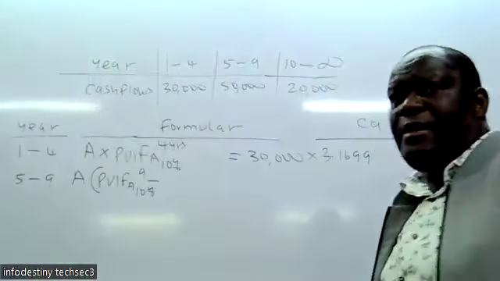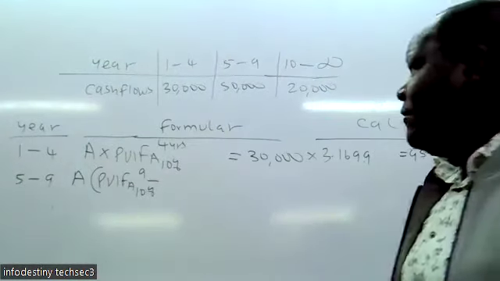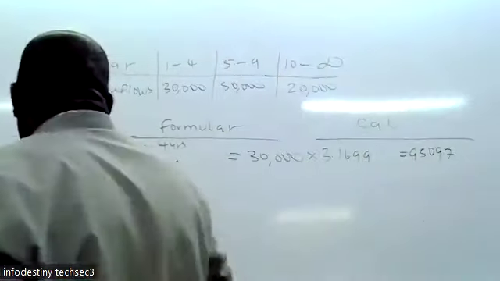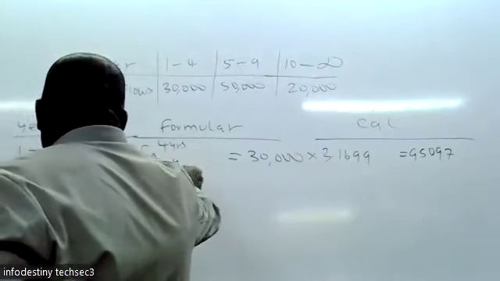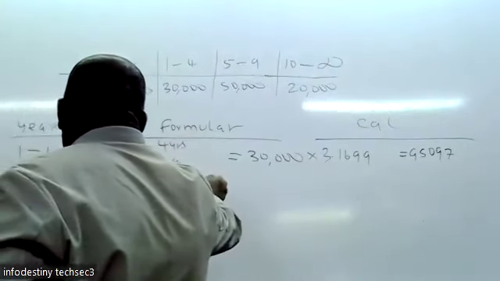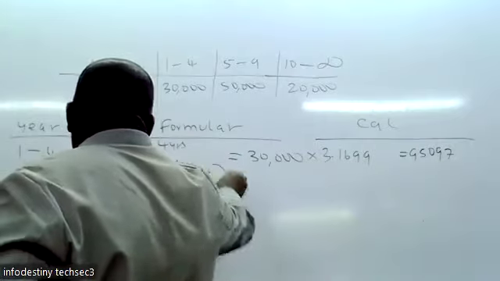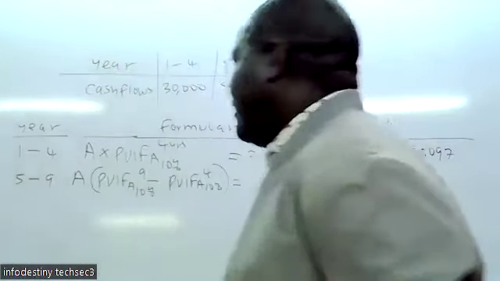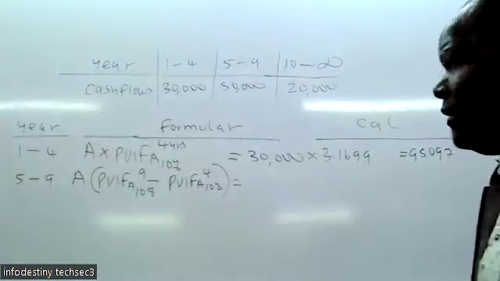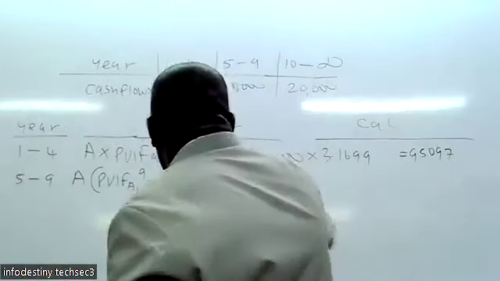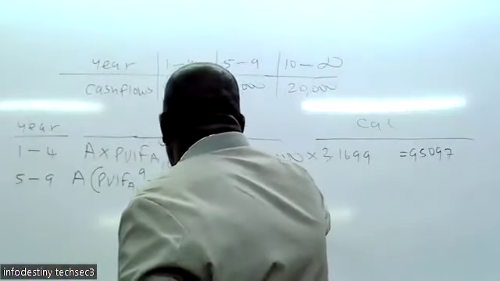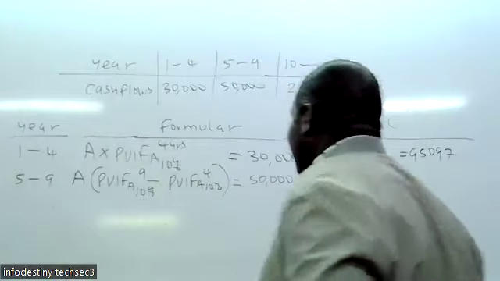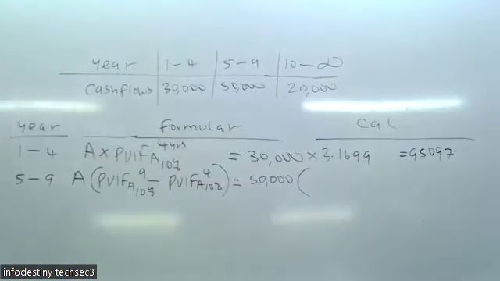But we subtract the one for year 4. So annuity is 50,000. So I would like you to confirm in the table what is 10% in year 9.